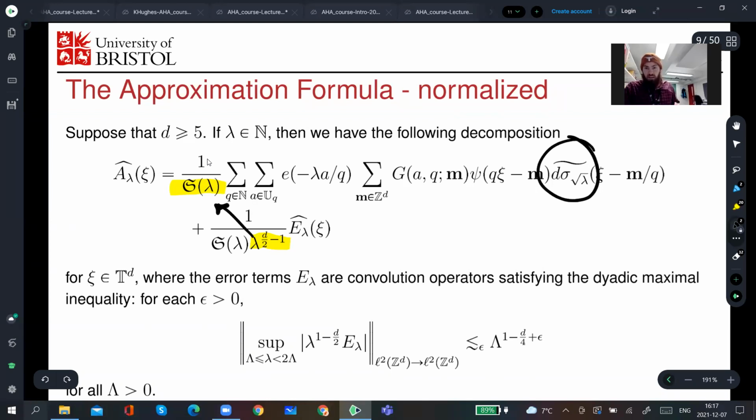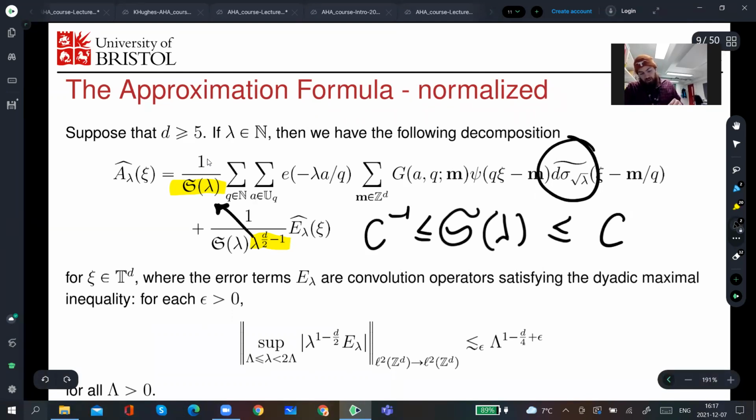However, we do still have the p-adic effects coming into play. And it's really important here to remember that S of lambda is always less than or equal to some big constant C and greater than or equal to some smaller constant C inverse, right?